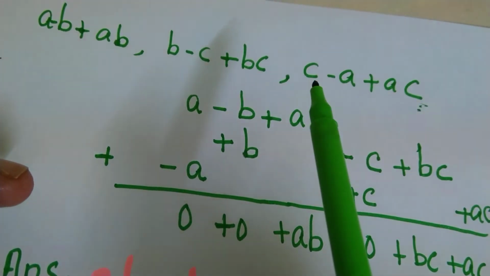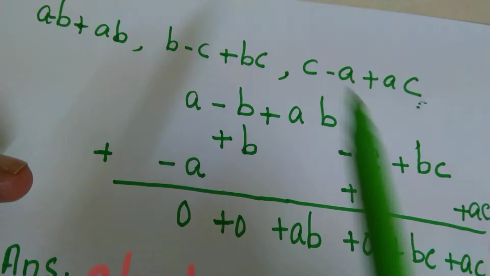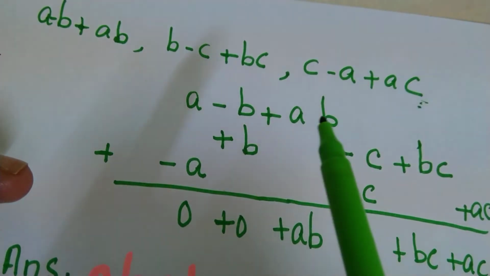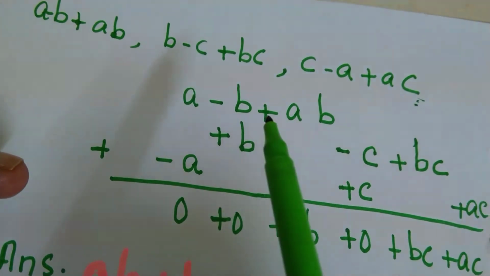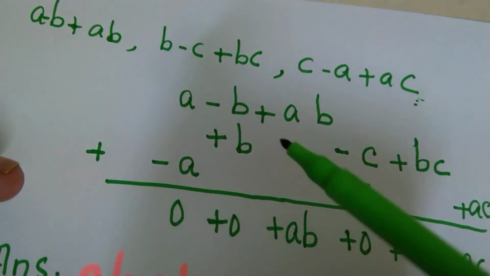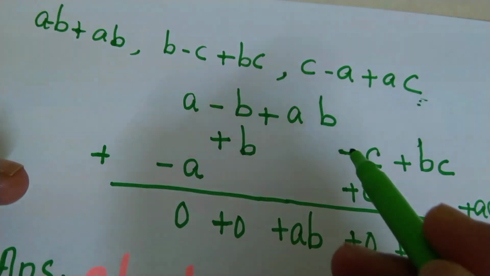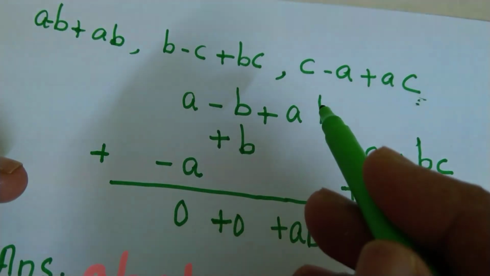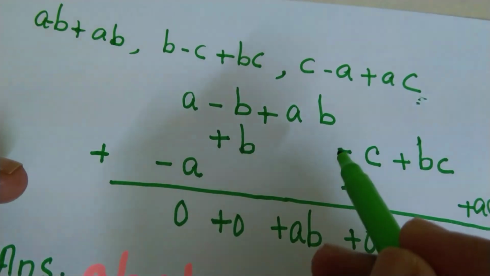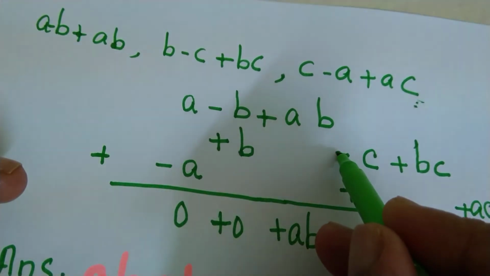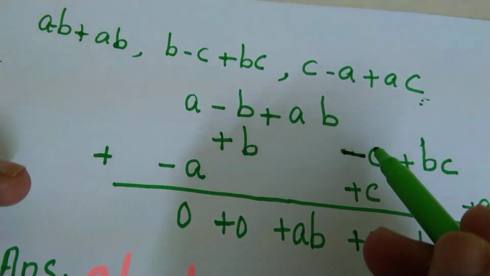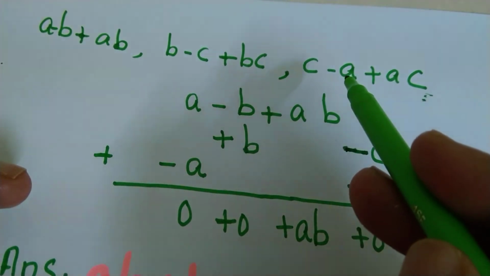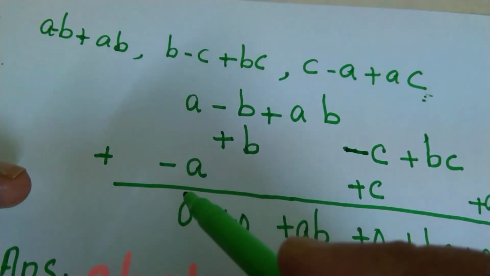Now third expression, in the third expression there is c. That c we will write under this minus c. So after the column of ab we have written minus c here. Then under this minus c we will put plus c. Then this minus a we will put under this a.